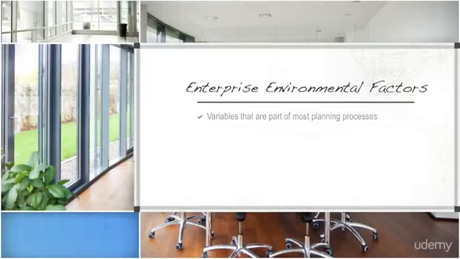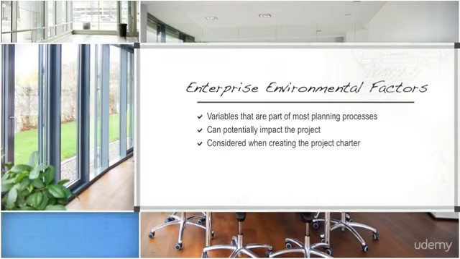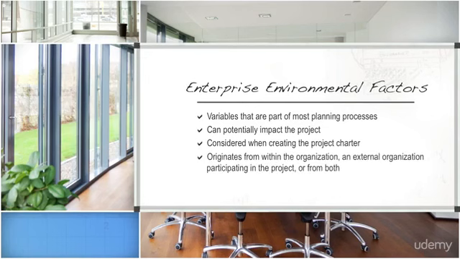Enterprise environmental factors are variables that are part of most planning processes. These factors can potentially impact the project and should be considered when creating the project charter. Documents related to enterprise environmental factors may originate from within the organization, from an external organization participating in the project, or from both.